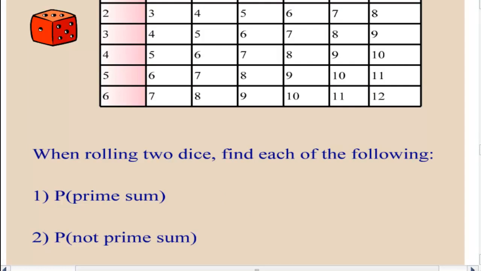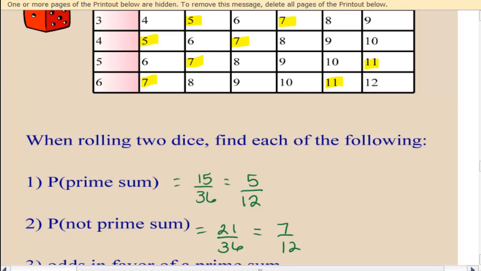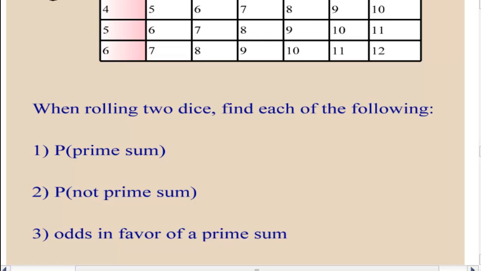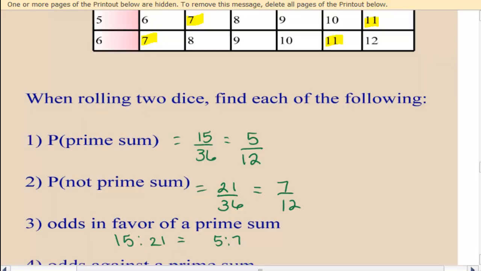Next, determine the probability of not getting a sum that's prime. So 36 minus 15 is 21. You end up with 21 that are not prime out of 36, which you can simplify to 7/12. Next, determine the odds in favor of a prime sum. You should end up with 15 to 21, which is simplified to 5/7.